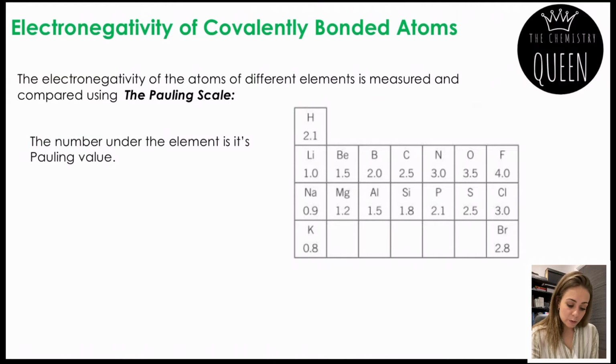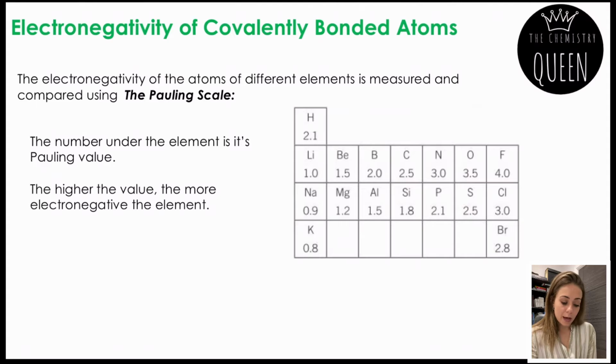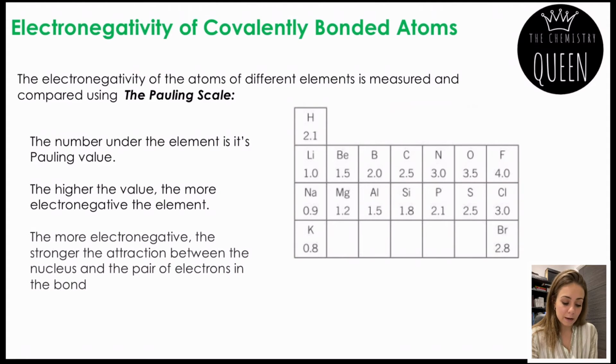So the numbers in the box represent the Pauling value, and the higher the value, the more electronegative the element. As we can see, fluorine actually has the highest value, making fluorine, well in fact, the most electronegative atom on the periodic table.